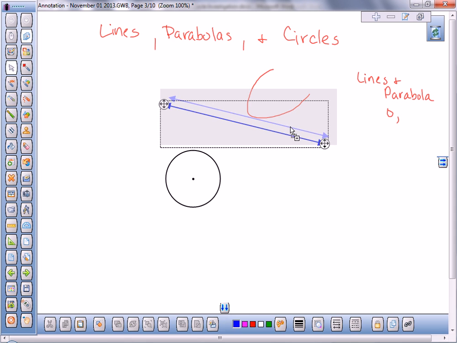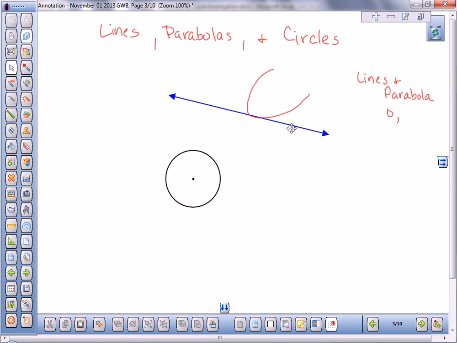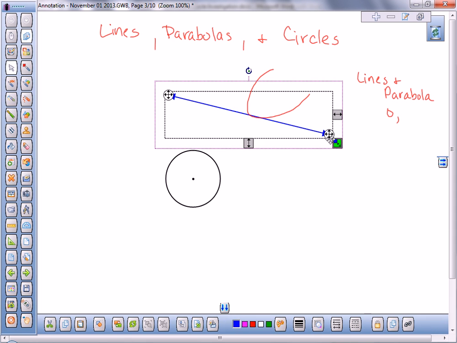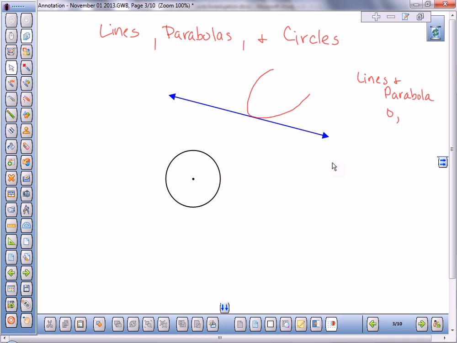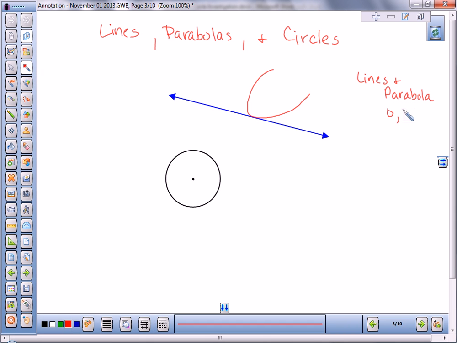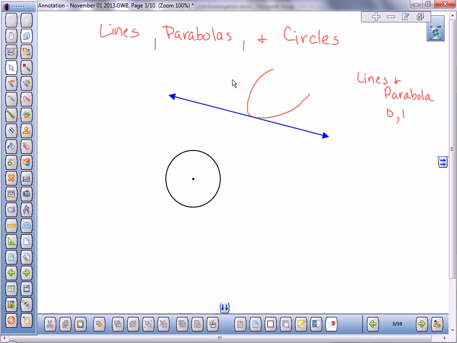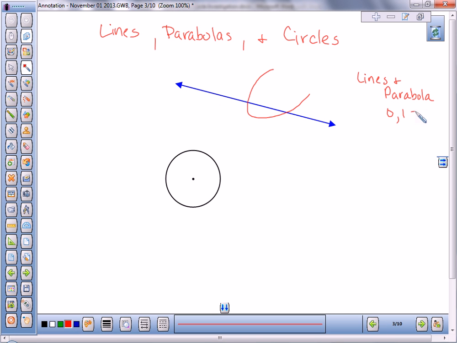Yes, it is, but I'm having a hard time making it. There we go. What do we call it when a line touches? Tangent. If it's tangent, it touches the parabola in one point. So one solution, or there could be 2. So the possible number of solutions are 0, 1, or 2. Make sense? No? I'm sorry, I'm already confused.